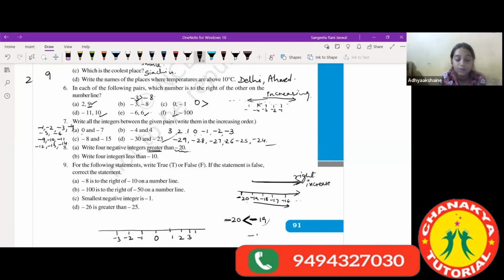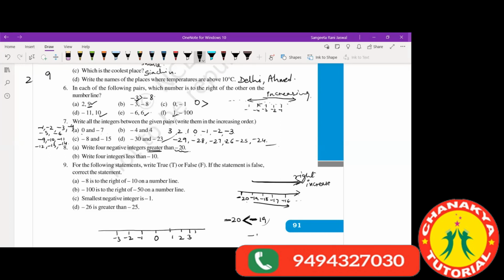Numbers are increasing towards the right side. -2 is greater than -3. -1 is greater than -2. 0 is greater than -1. 1 is greater than 0. 2 is greater than 1. 3 is greater than 2. The more we move towards the right side, numbers keep on increasing.